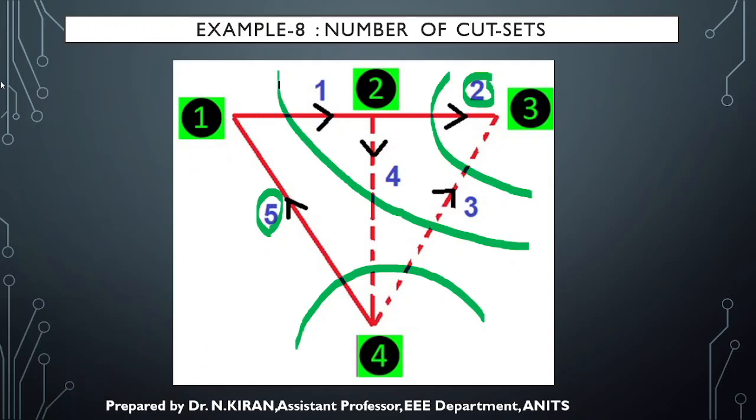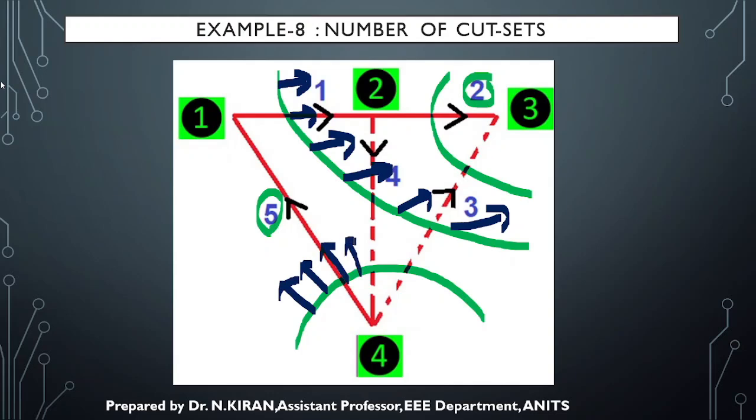Since twig 1 is directed towards the right side, the cut set direction will also be towards the right side. Since the fifth twig direction is upwards, this cut set direction must also be considered in that direction only. This is how we choose a cut set and its orientation.